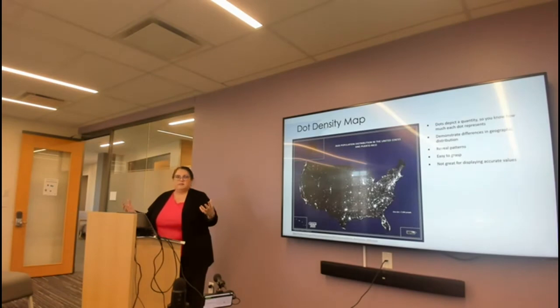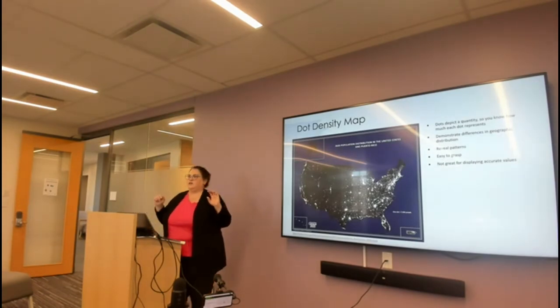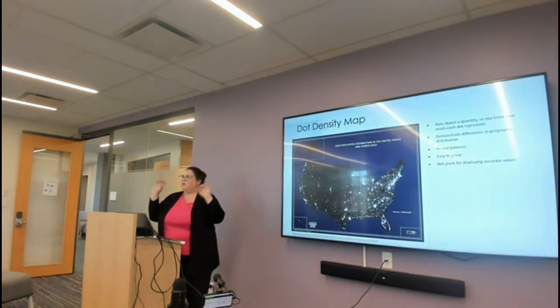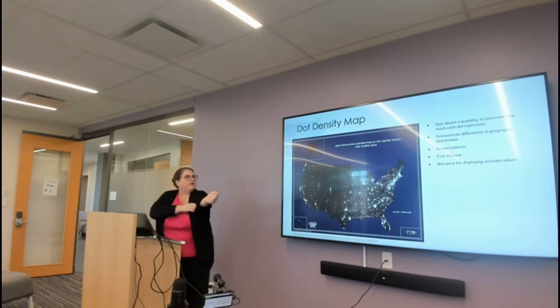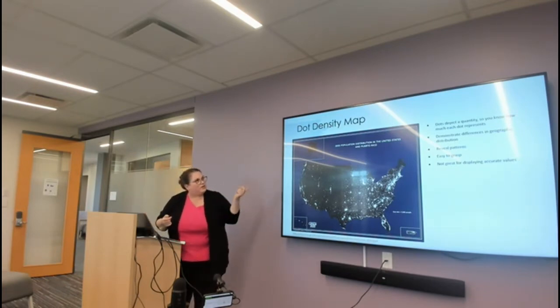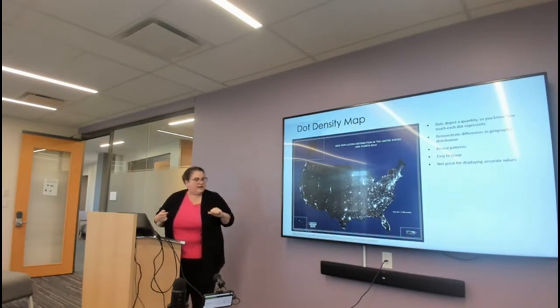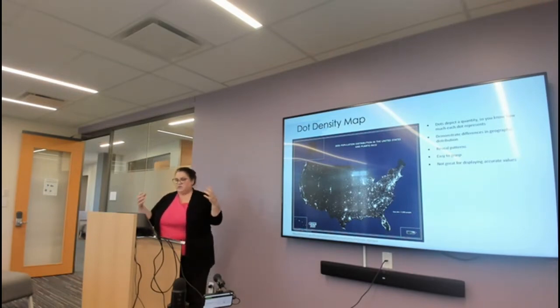We also have dot density maps. I think we've all seen maps like this in the past. Certainly the world at night, you get those beautiful maps. Well, this is actually another population map. The U.S. takes their census every 10 years, and this is their most recent population distribution. As you can see from a dot density map, the dot depicts a certain number, and that's a static number.